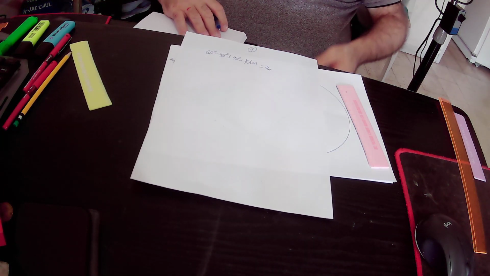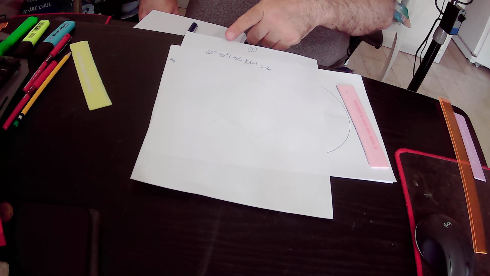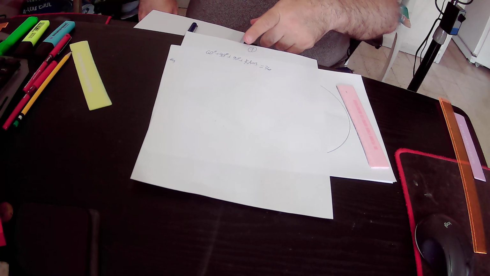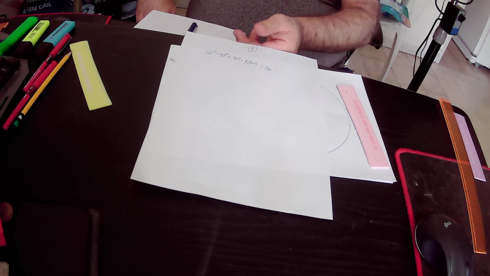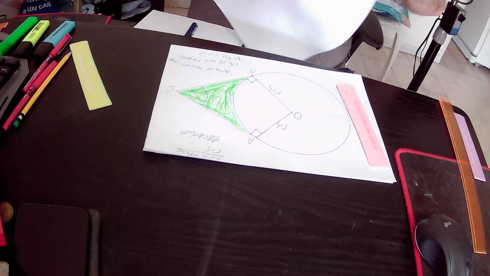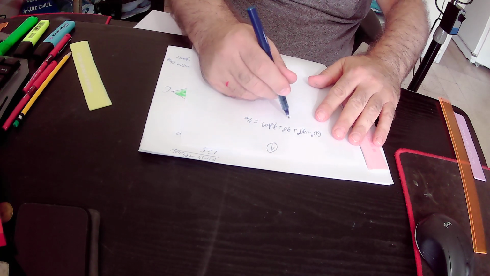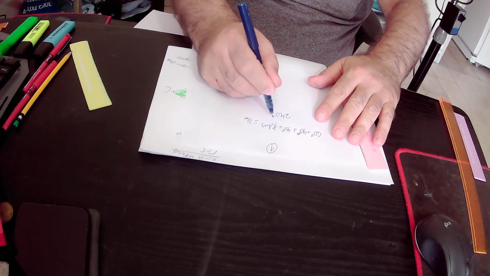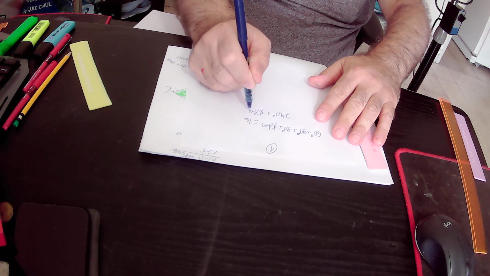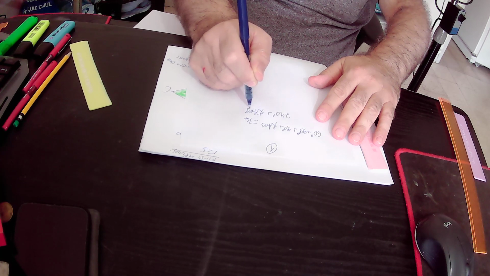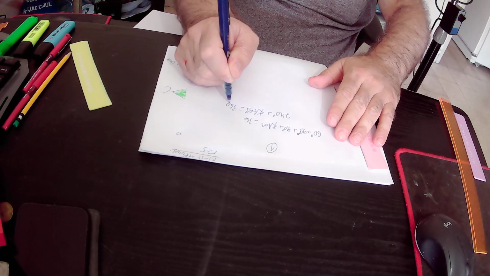Okay, so here we have 60 degrees plus 90 degrees plus 90 degrees is equal to 240 degrees. So I will write it down: 240 degrees plus the size of angle AOB must be equal to 360 degrees.